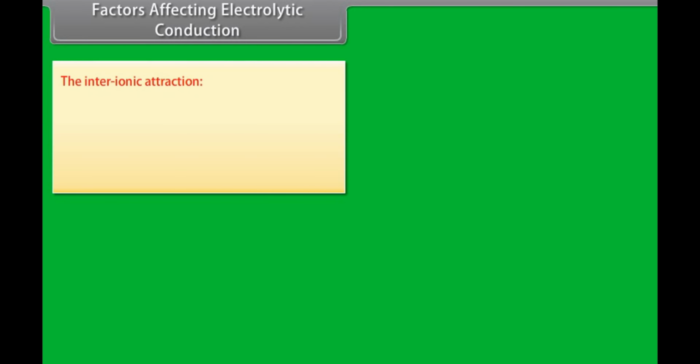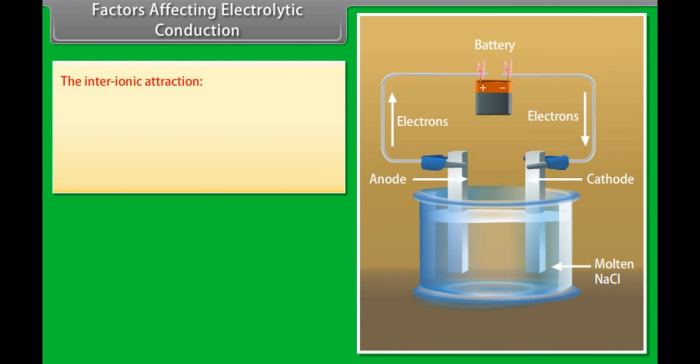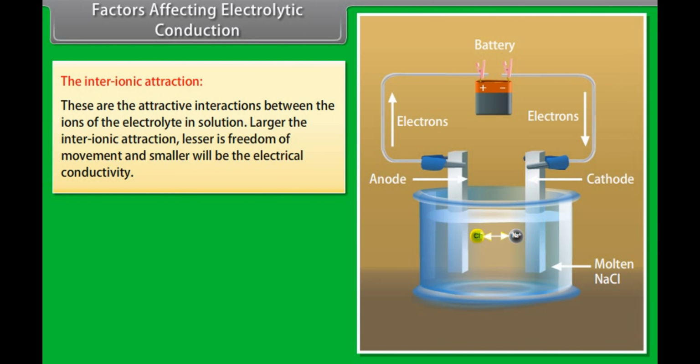Factors affecting electrolytic conduction. The electrical conductivity of the solutions of electrolytes depends on the following factors. The inter-ionic attraction. These are the attractive interactions between the ions of the electrolyte in solution. The larger the inter-ionic attraction, the lesser is the freedom of movement, and the smaller will be the electrical conductivity.